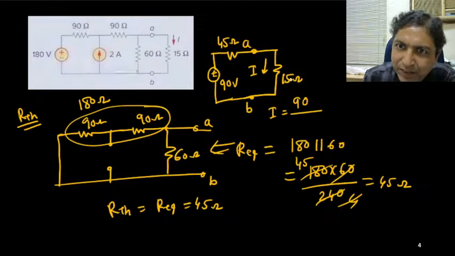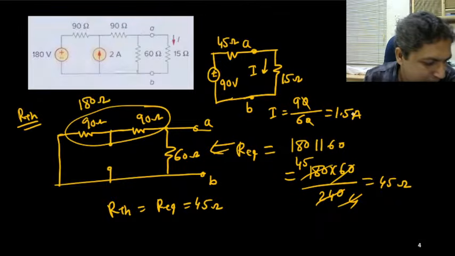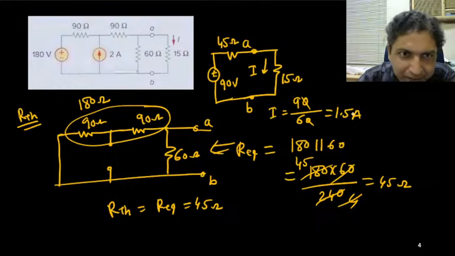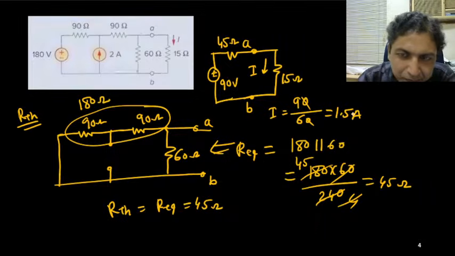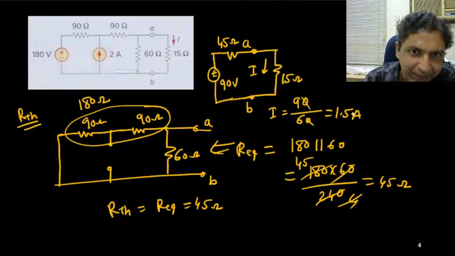Total is 45 plus 15 is 60. So 0 will cancel. The 3 by 2 means 1.5 ampere. Okay, is it clear? Good, very good. So current is 1.5 ampere, so I think this problem is solved.